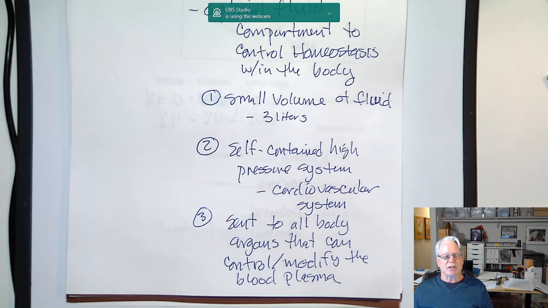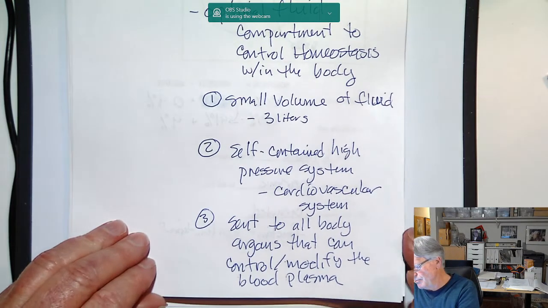These cells are surrounded by a body of fluid, that is the interstitial fluid. And in order to keep the cells happy and in their homeostatic range, we're going to make sure that interstitial fluid has what is necessary to help those cells be healthy. And we're going to do that by controlling the blood plasma found within the cardiovascular system.